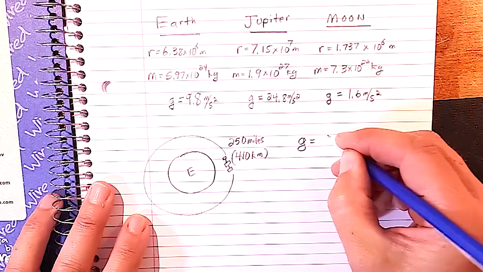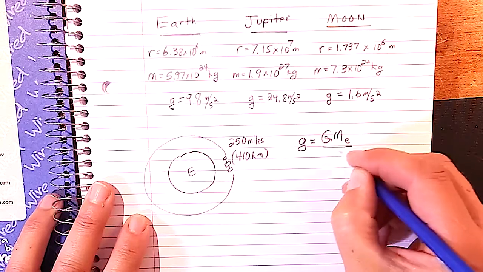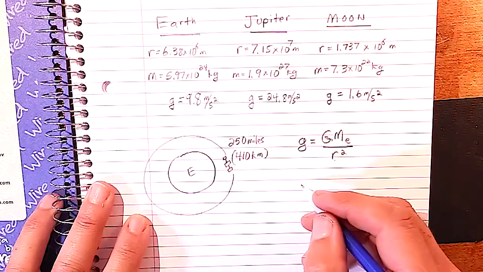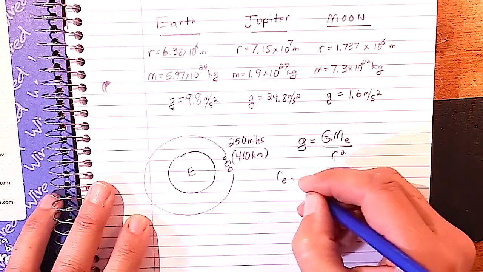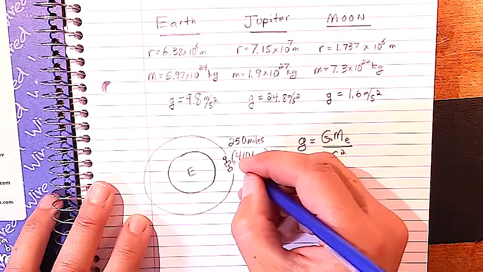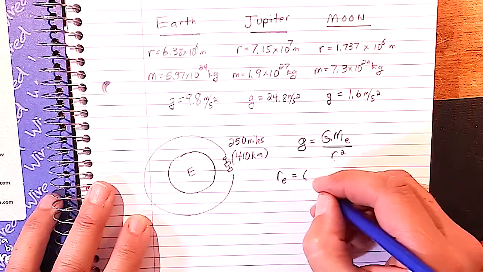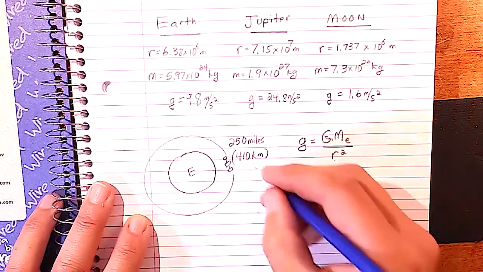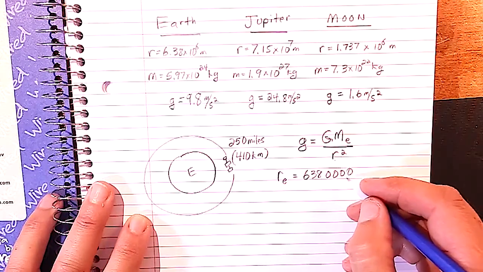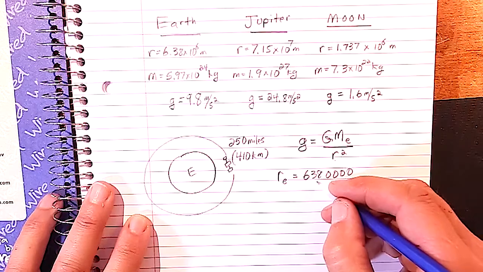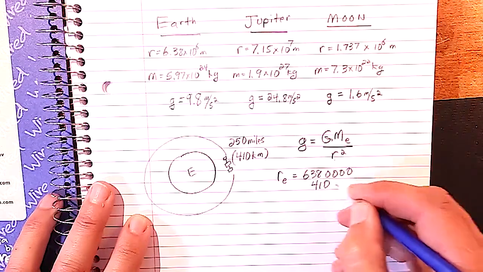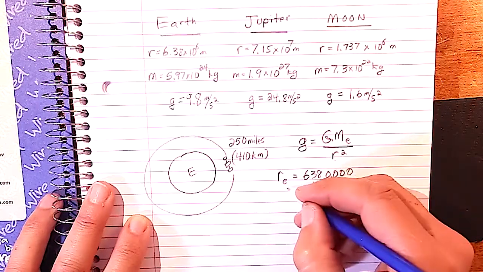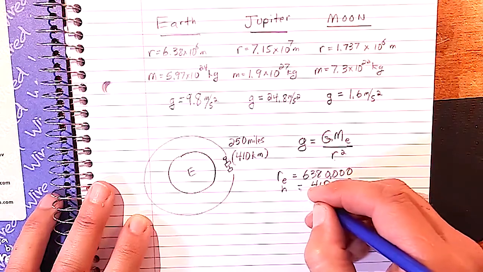Well, we can do g equals G m of the Earth over r squared. But think about what this r is. That's r from the center. Well, that's going to be the radius of the Earth plus the height of the satellite above the surface. So that's 6,380,000 meters plus 410 kilometers, which is 410,000 meters, and that's going to be the height of the satellite.